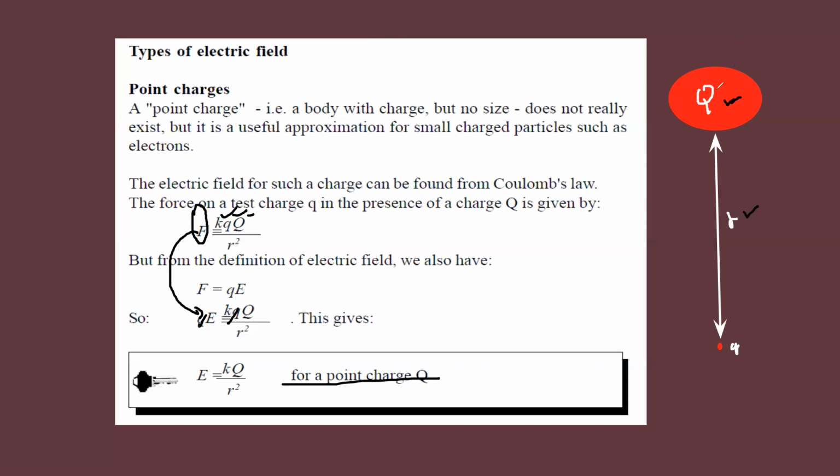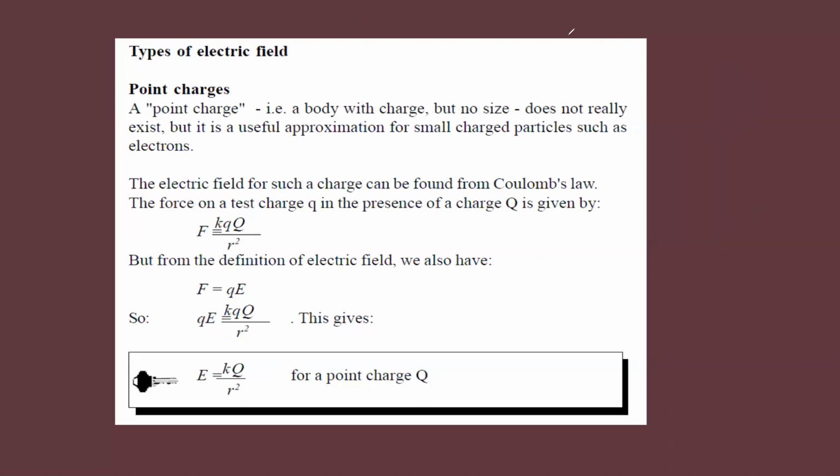For example, an electron can be considered a point charge because the size of an electron is negligible compared to other charges. If I want to find the strength of the electric field due to this electron at a distance of 2 meters away, I have the charge of the electron, I have the distance, and I have the value of K, so I can find its electric field strength.